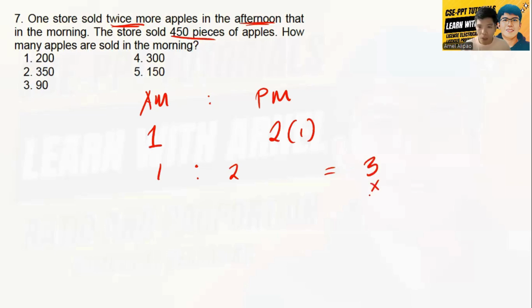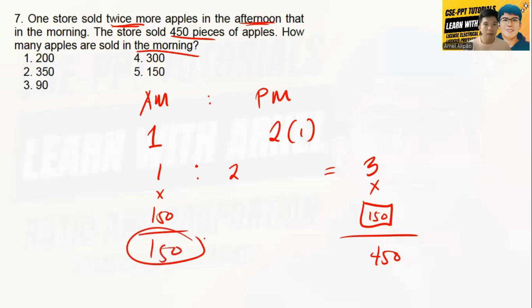And then, what are we going to multiply by 3 so that we can get the total, which is 450? So, it's going to be 150. What is being asked? In the morning. So, 1 times 150 is 150. This is our answer. We save a lot of time.